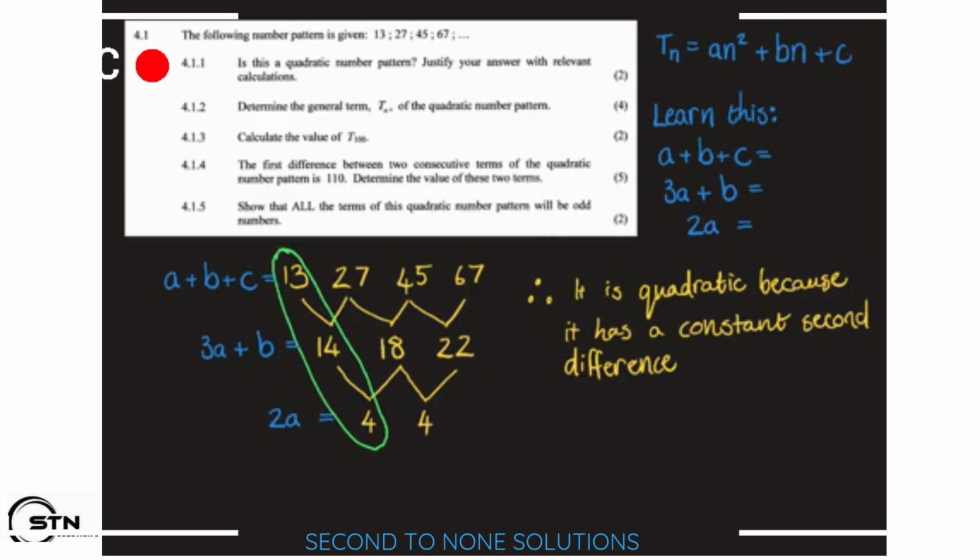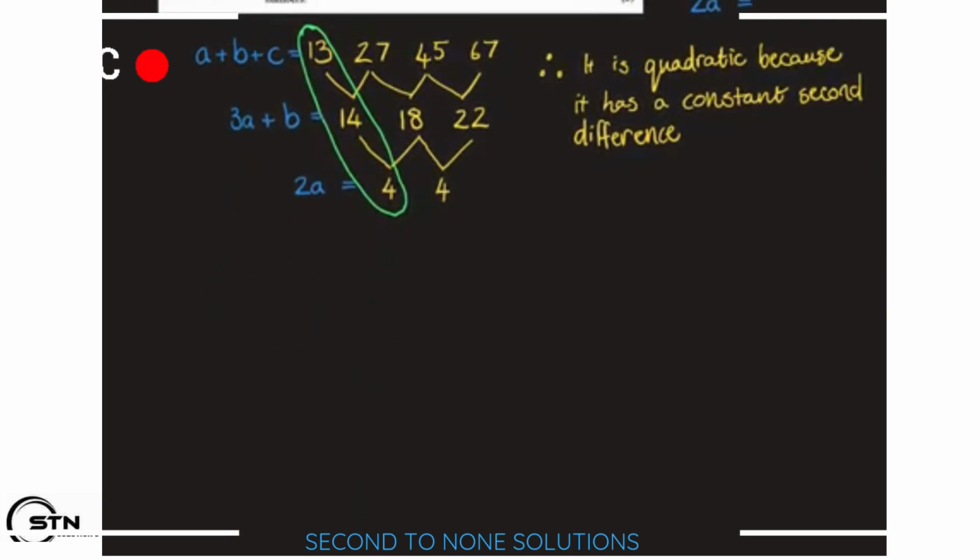So those formulas you need to know off by heart so that you can use them to calculate the general term. Okay, so I'm going to move this up a little, and this is how I personally would show the calculations. Let's start by writing the question number. I would write the 3 calculations next to each other. A plus b plus c equals 13.